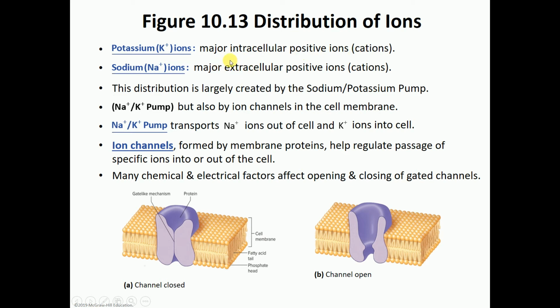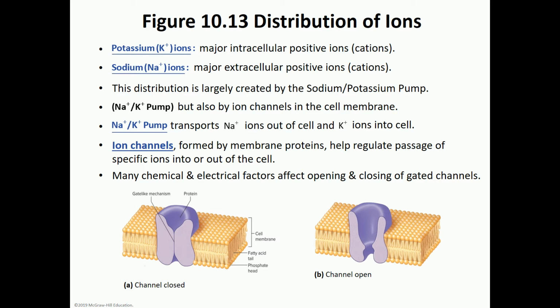While your major extracellular, so outside of the cell, your major cation extracellularly are your sodium ions. But wait, I thought you just told us that the inside is negative and the outside is positive. Yes, but I also said that it is due to the unequal distribution of ions. So inside we have potassium that are positive, we also have proteins that are negative, and we have other ions that are in play.